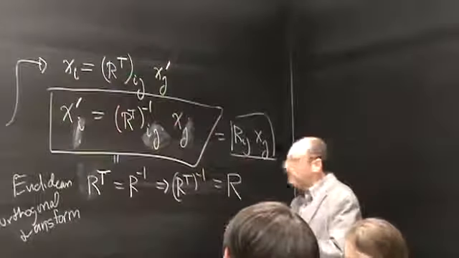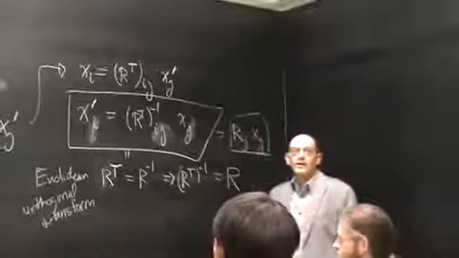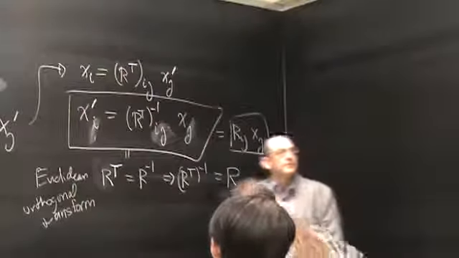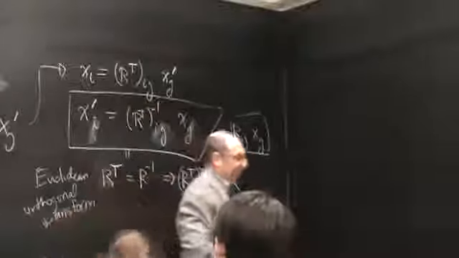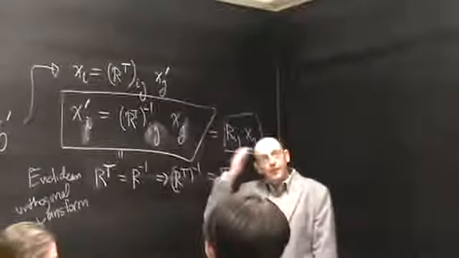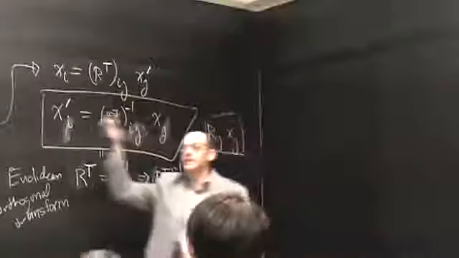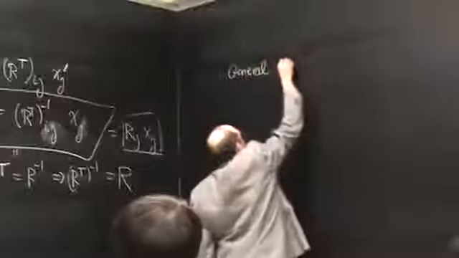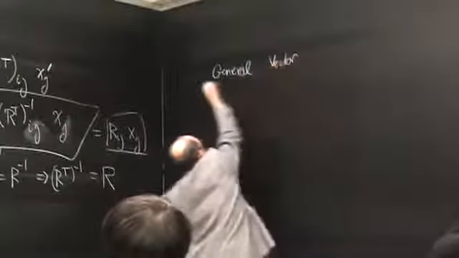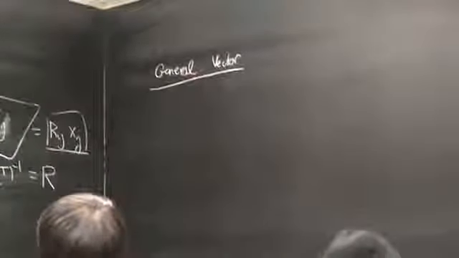Okay, so the coordinates transform according to R. Exactly. All right. So far we've defined our vectors as what we know about position in three-dimensional space, and that gives us the general definition of a vector, not just position, but any general object.